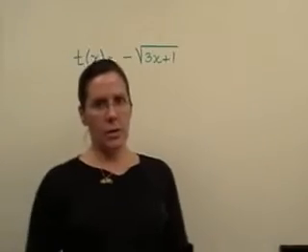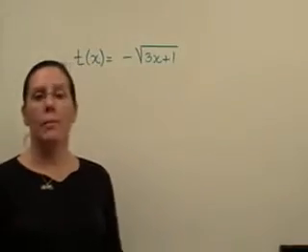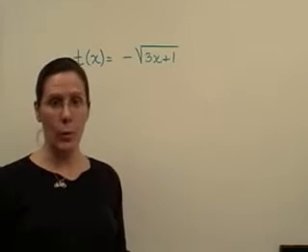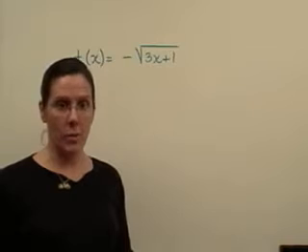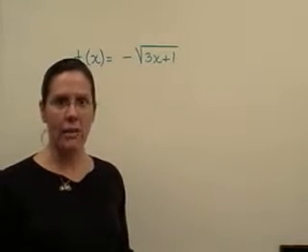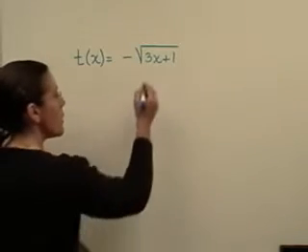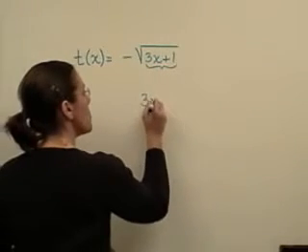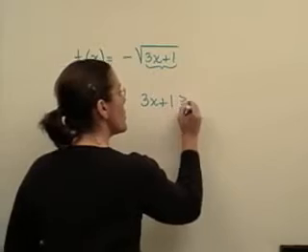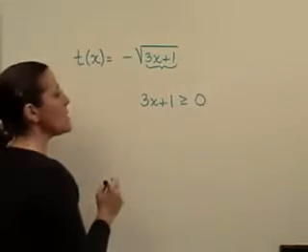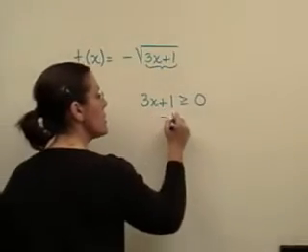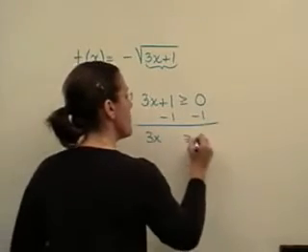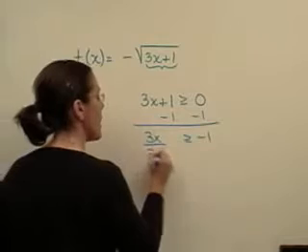If all I were to do was to ask you to describe the domain of this function, what values for x could you put in and get an output that's reasonable, not get a negative number underneath the radical? Again, I just want to remind you, what you care about is that the radicand, the 3x plus 1, has to be greater than or equal to 0, and you just need to solve this inequality, which means subtracting 1 from both sides, and then dividing both sides by 3.